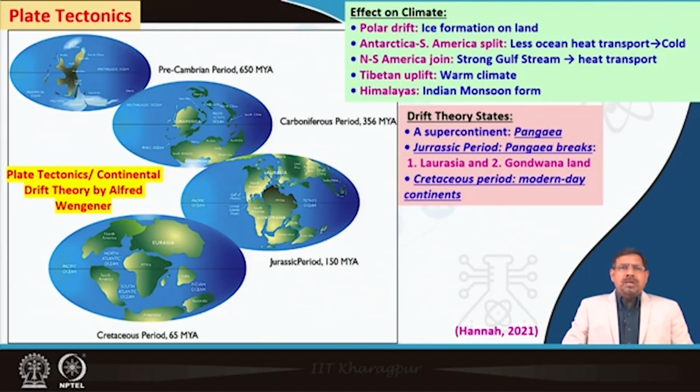So, friends, these kinds of diagrams are not new to us. We have been studying and knowing them. So, in terms of the drift, we say the drift is shifting. So, drift theory states that earlier it was one landmass called Pangea, and then in the Jurassic period, the Pangea broke into two plates, namely the Laurasia plate and the Gondwana plate.